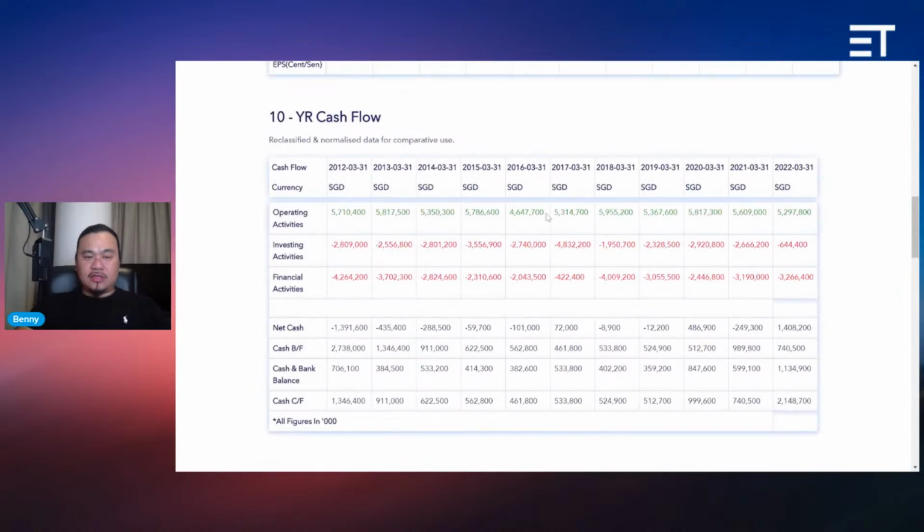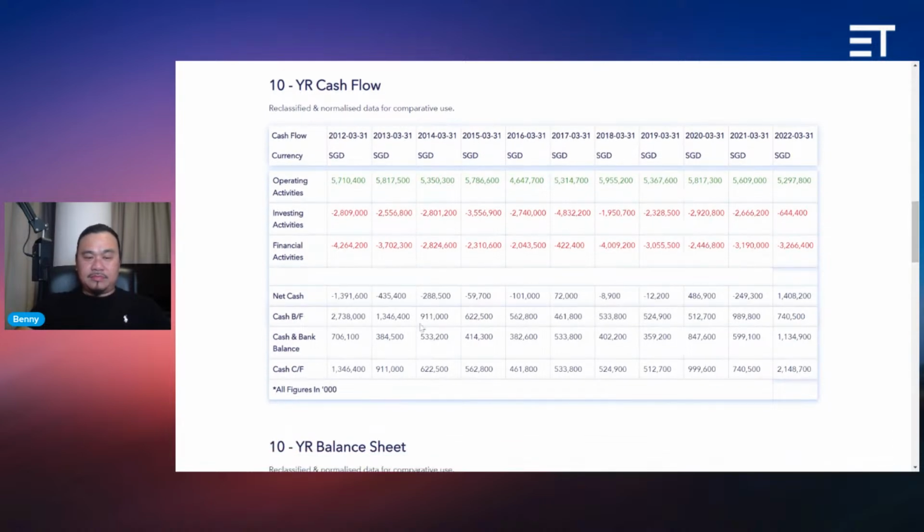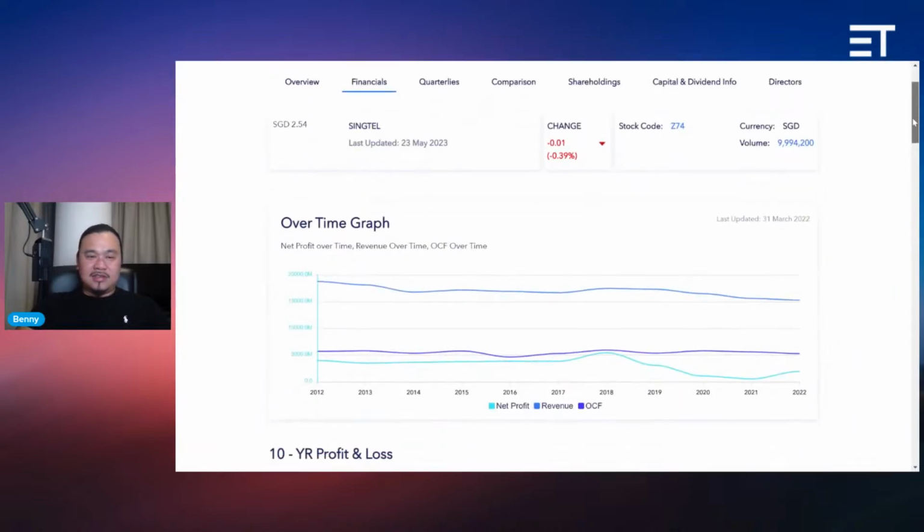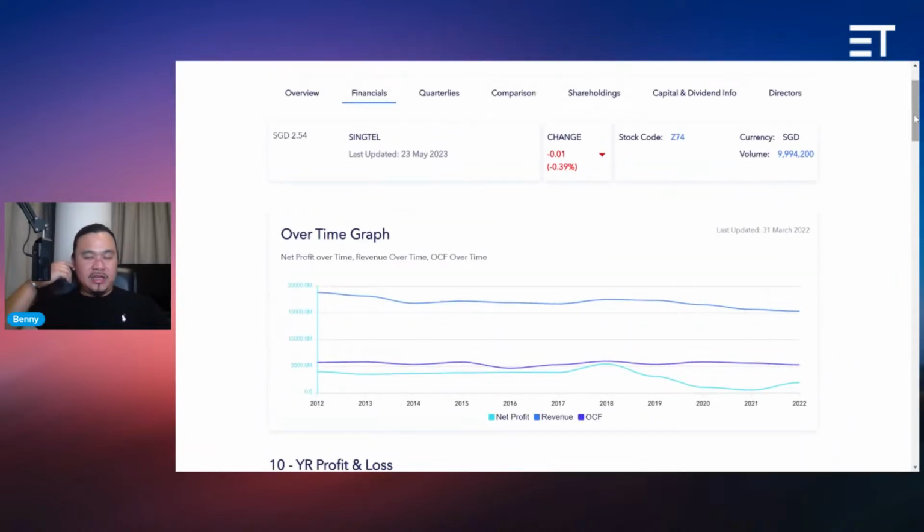Cash flow is very healthy. Operating cash flow is around 5 billion most of the time. Cash is quite healthy as well. So of course, it's Singtel, right? It's the telecom equivalent in Singapore.